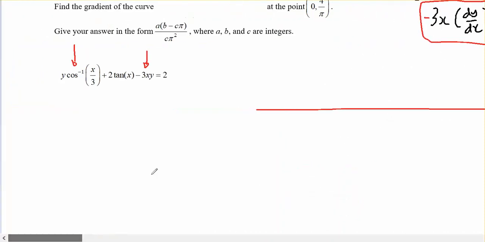Okay, so what have we got? We've got a product rule.